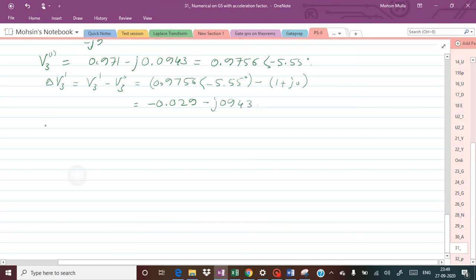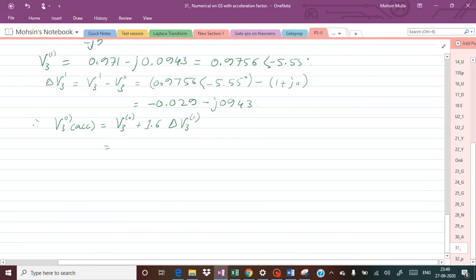Therefore V3 of 1 accelerated is equal to V3 of 0 plus alpha, which is 1.6, times delta V3 of 1.